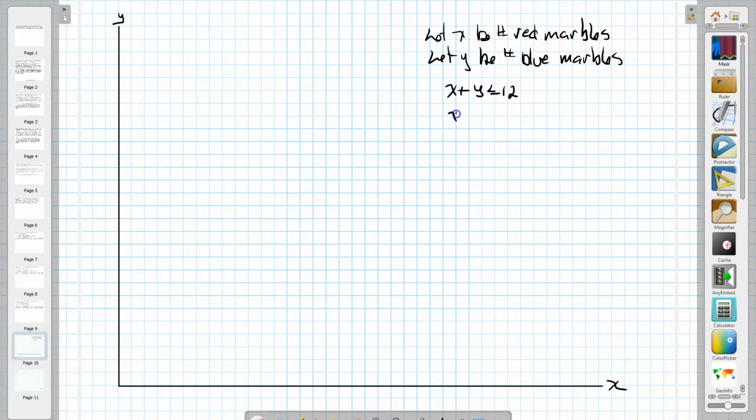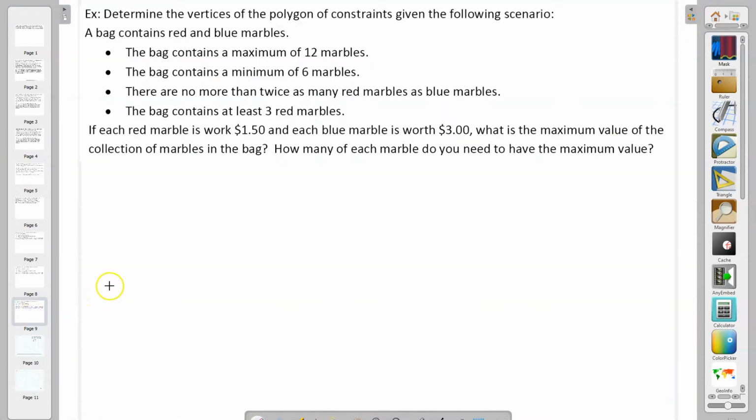So that means the total again has to be greater than or equal to 6. So you could have 6 or you could have more than 6. The third constraint says there are no more than twice as many red marbles as blue marbles. So the first question we ask is, which one do we have the most of? Do we have more red or more blue?